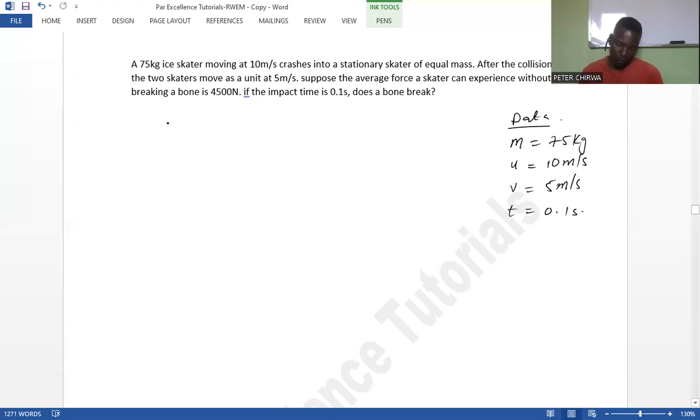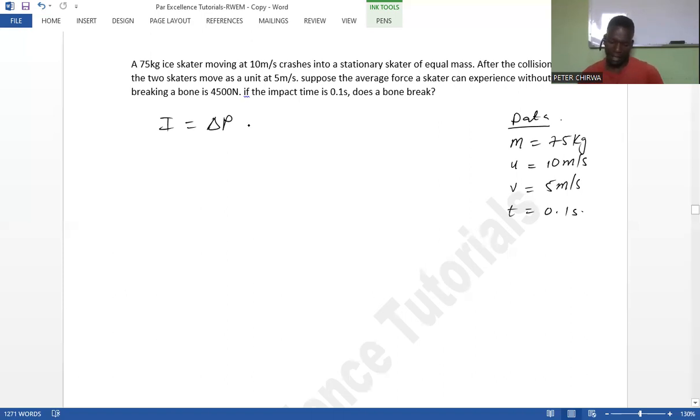Impulse. So we know that impulse is given as the change in momentum, because we saw here that there was change in momentum. As long as there is change in velocity, in the speed, then there is change in momentum. So we have impulse being equal to the change in momentum.